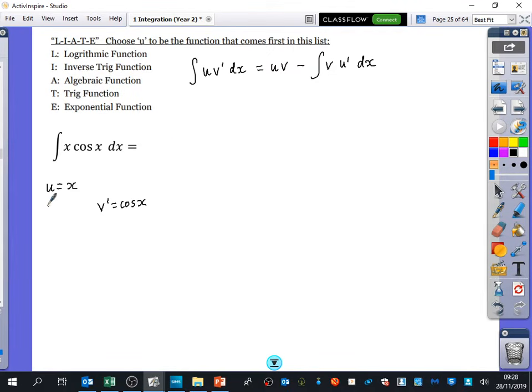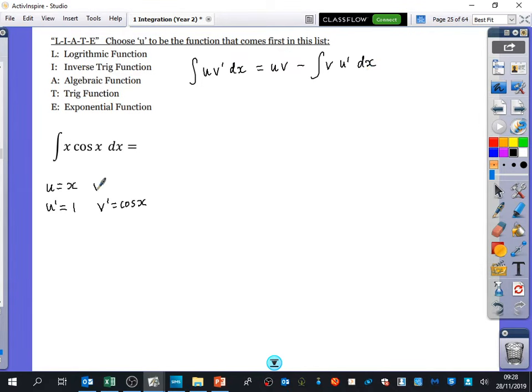Now, when I differentiate u, I get 1. And this is why we choose x to be u. Because when you differentiate x, you get something that is simpler to deal with, which means that you're going to have something simpler to integrate in this second part of the formula that we have here. That's why we choose x as the u function.